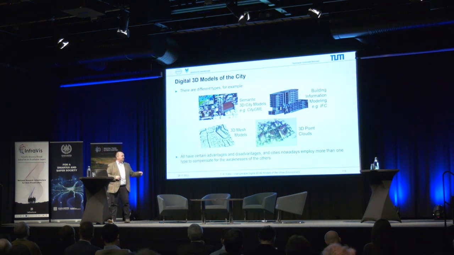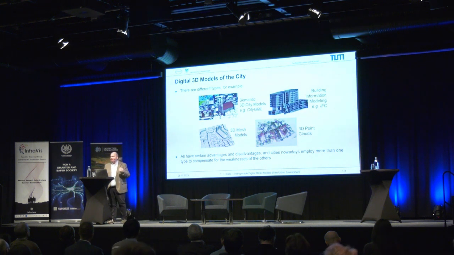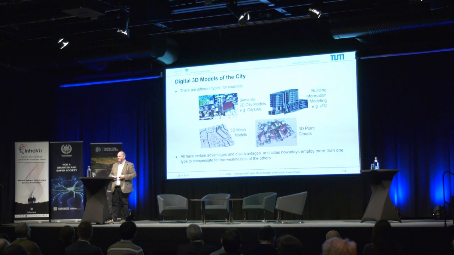What you can already learn is that many cities nowadays are using all these kinds of models at the same time. Of course, this raises questions on data integrity and consistency, which is a big issue. Nevertheless, take the bottom left, 3D mesh models. Maybe everybody of you has looked at Google Maps 3D.